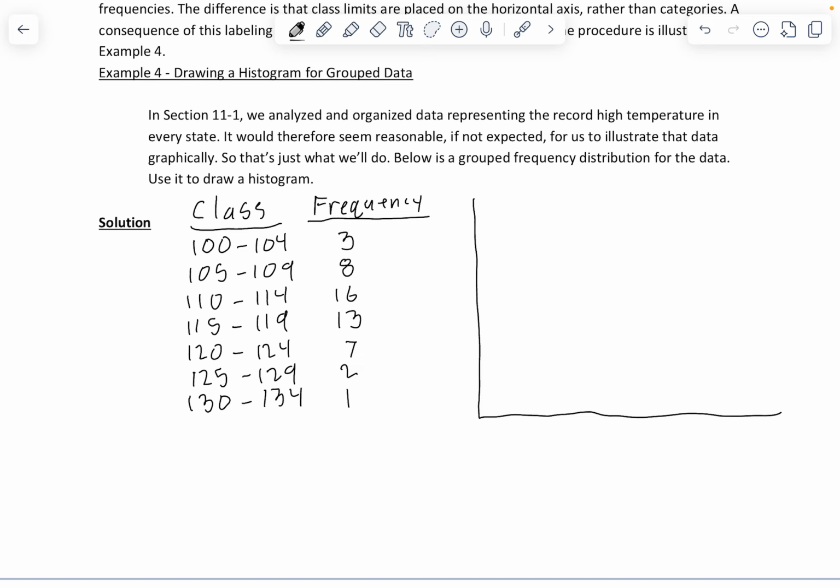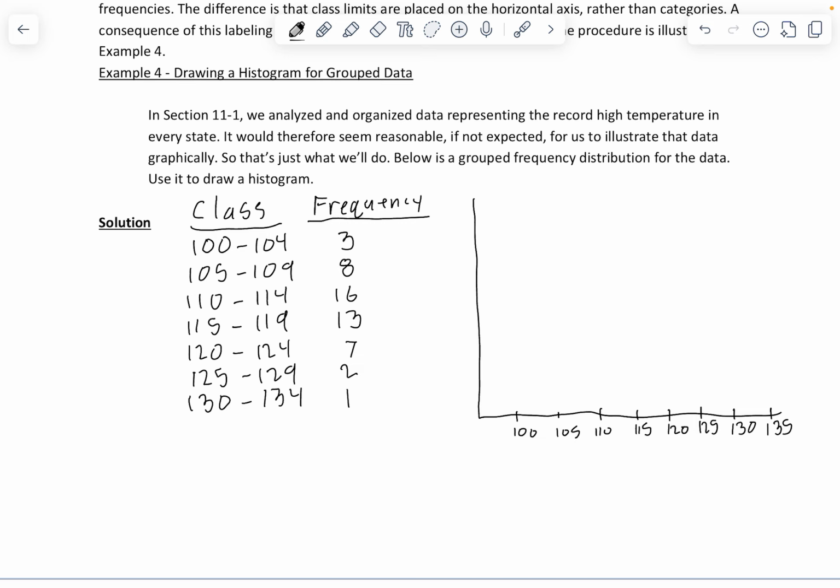So I might say this is 100, 105, 110, 115, 120, 125, 130, and we'll go up here to 135 even.